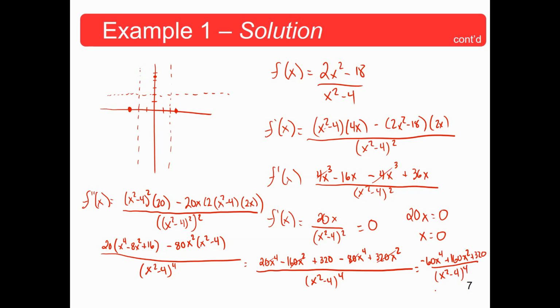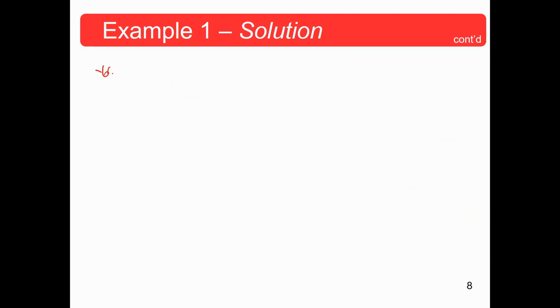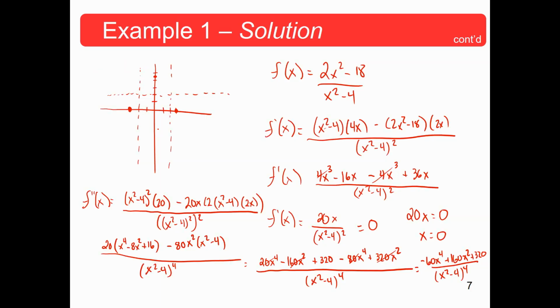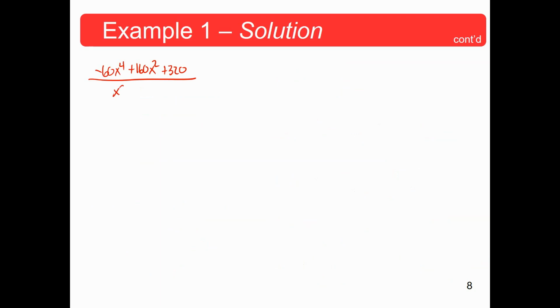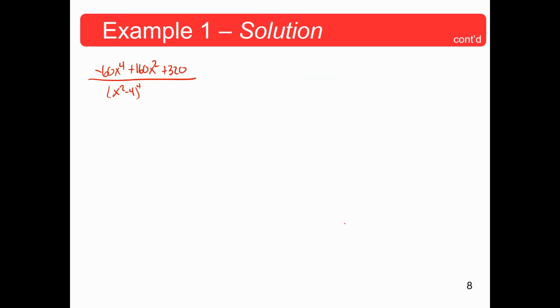Now, we're talking about the second derivative: negative 60x to the fourth plus 160x squared plus 320 over x squared minus 4 to the fourth. Now, let's go ahead and do the second derivative test. We're going to plug in our critical number from the first derivative, 0, and see what happens if I plug in f double prime of 0.